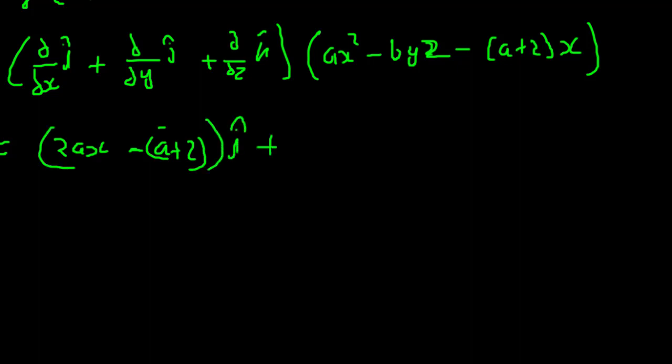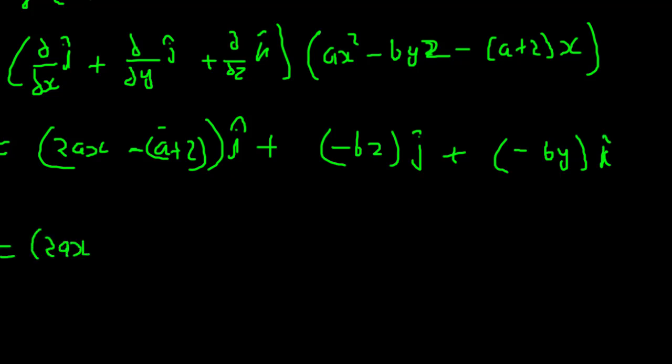Second, when we partially differentiate with y, we'll get minus bz j cap. At the same time, when we partially differentiate with z, we're going to get minus by k cap.